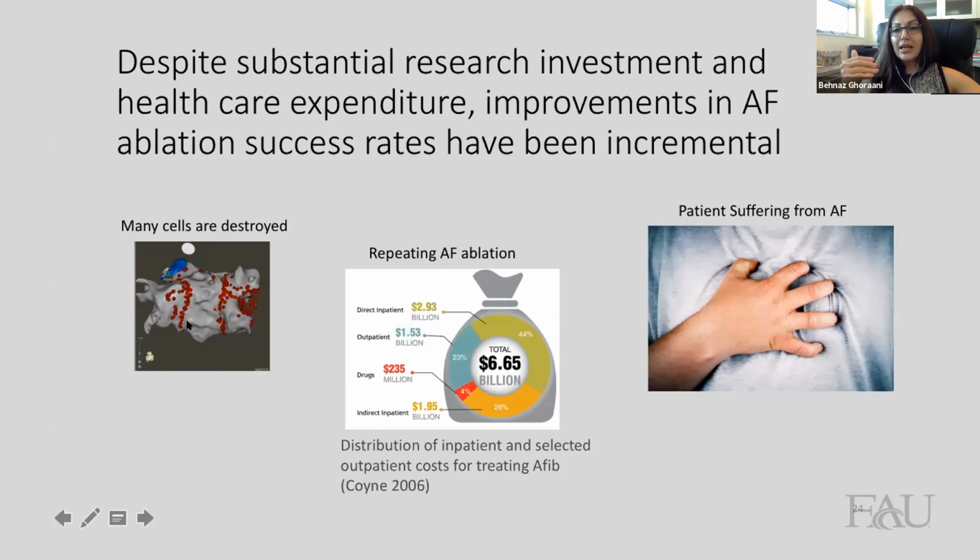So to make sure the person doesn't go home with AFib, they may do external cardioversion. The AFib stops, but they know that it's going to come back. So with all these cells destroyed, and because of this expensive procedure, there is the economic burden, and patients are still suffering.